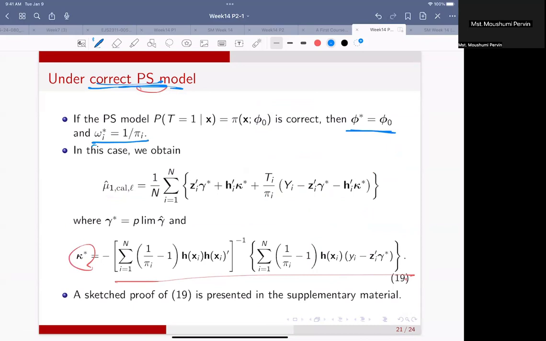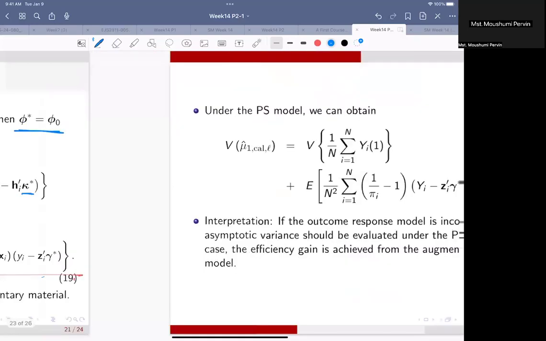So then kappa doesn't really change, but the weight is simplified, and then we can actually show that this kappa is indeed this one. I have some proof for these two results. You can take a look, and I may explain a little bit further.